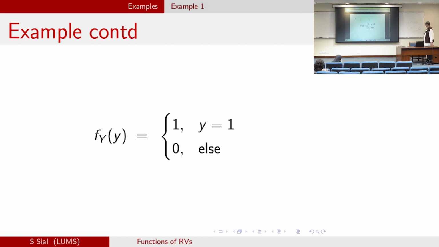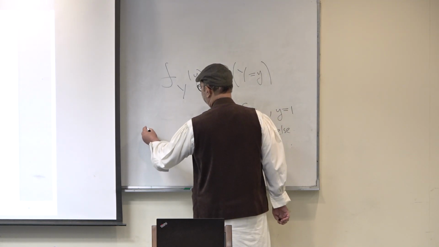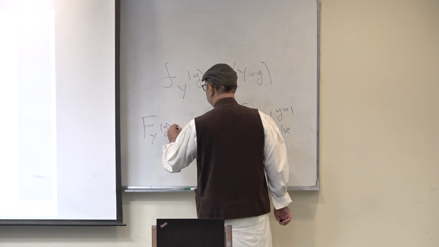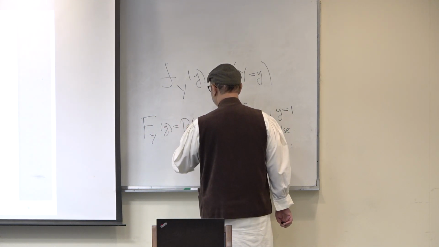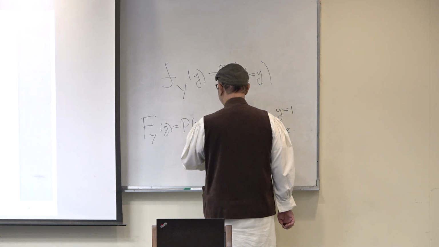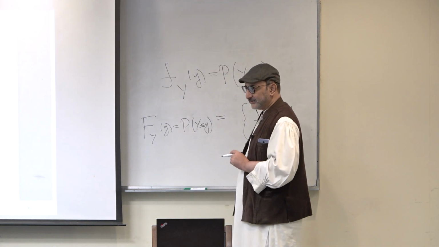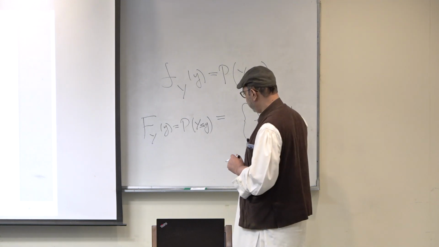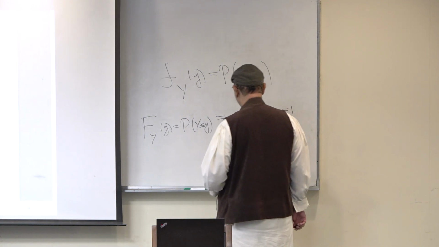If we wanted the CMF, that's basically the probability that y, the random variable Y, takes a value less than or equal to y. Okay? So, how does this work?